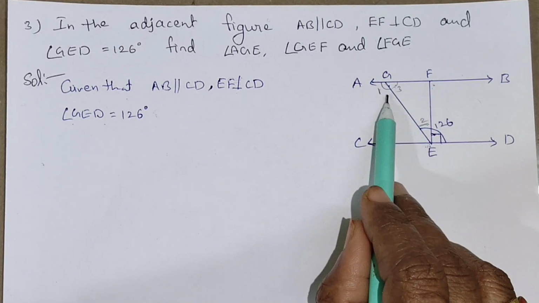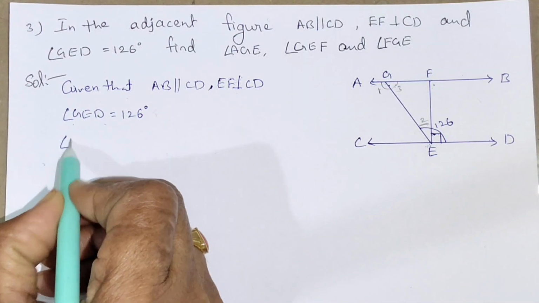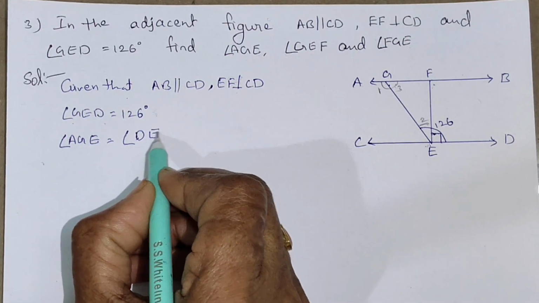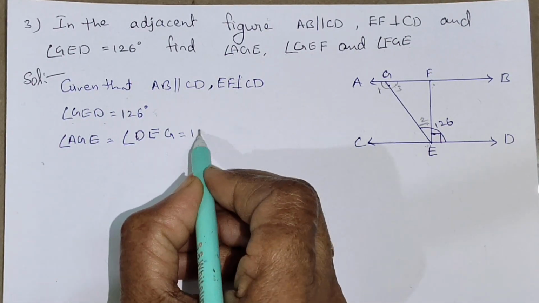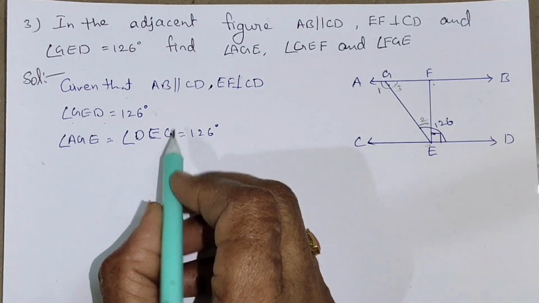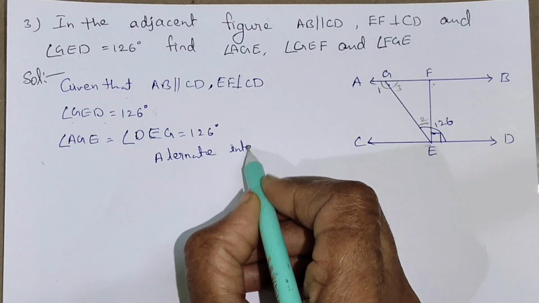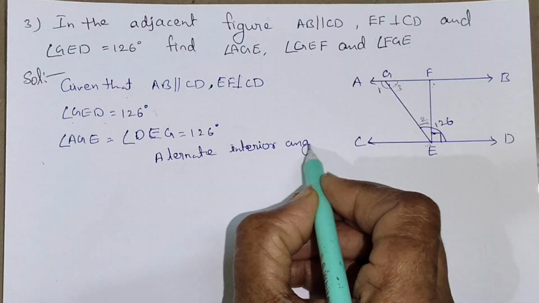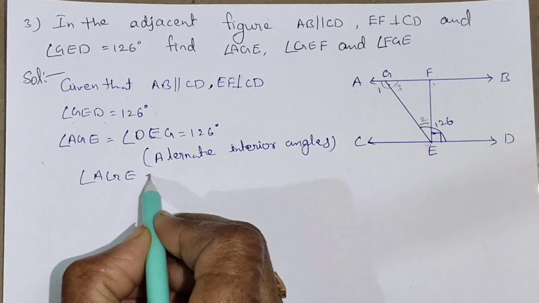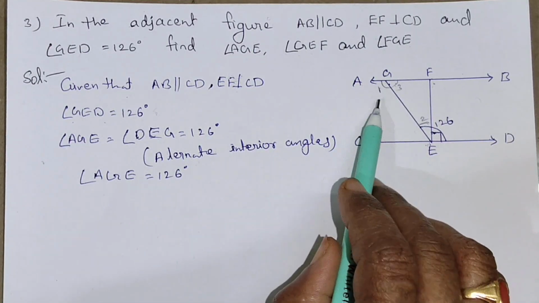So these two are alternate interior angles. Therefore angle AGE is equal to angle DEG, which is 126. So AGE is equal to 126. First one finished.